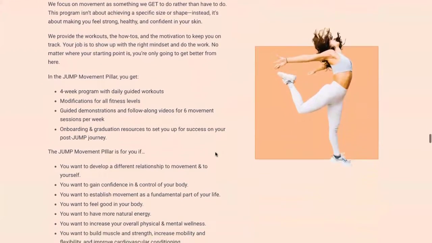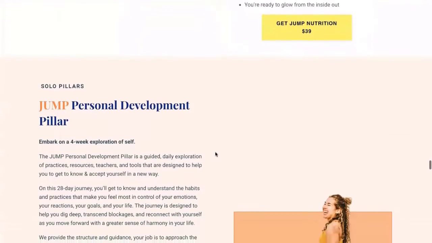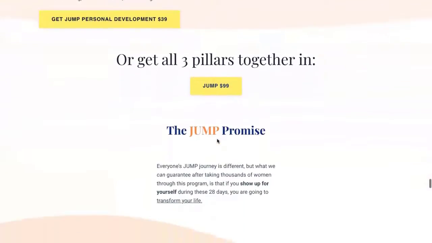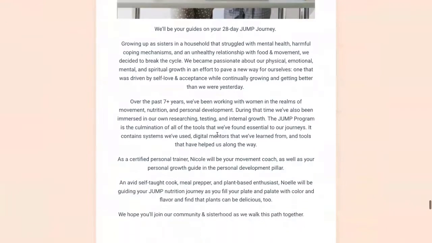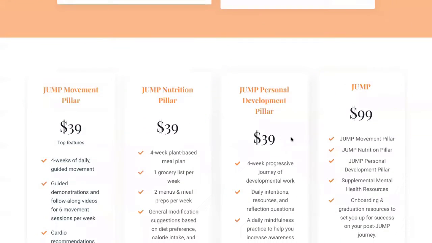And they have other features that allow you to include recipes and things along those lines. So you can take a peek at some of the stuff they have going on, and their pricing is just different depending on what you are receiving. So I want you to think about what would be best for you, and ultimately what your customer is getting, so you can pick the best price.